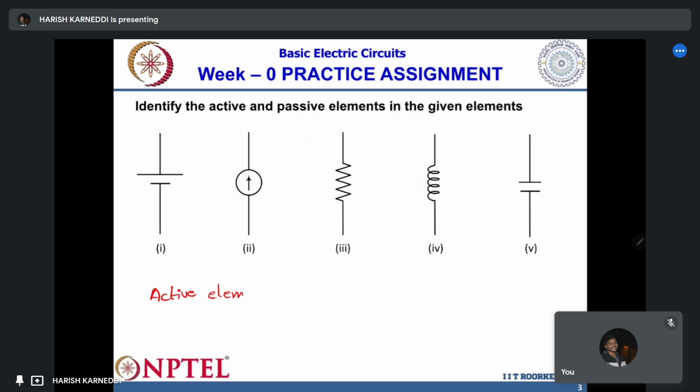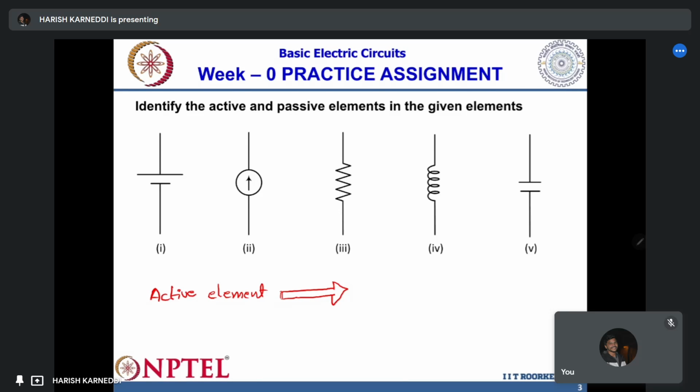An active element means the element which is going to deliver power to other elements.